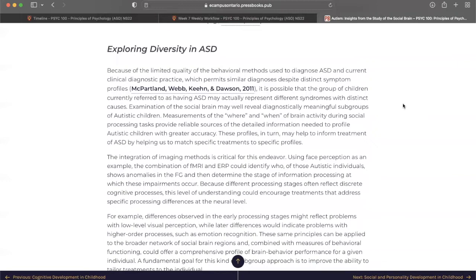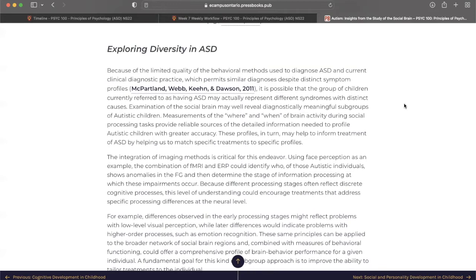Exploring diversity in ASD. Because of the limited quality of the behavioral methods used to diagnose ASD and current clinical diagnostic practice, which permits similar diagnosis despite distinct symptom profiles, it is possible that the group of children currently referred to as having ASD may actually represent different symptoms with distinct causes.